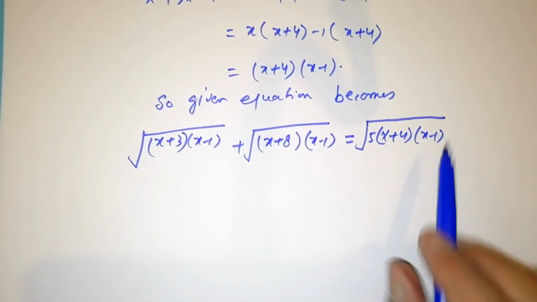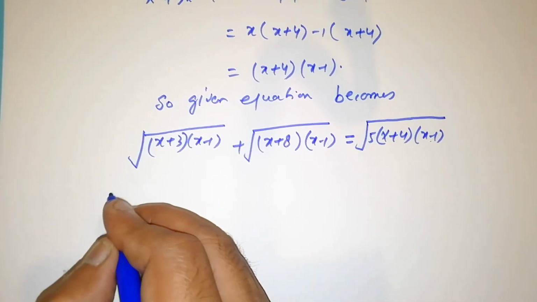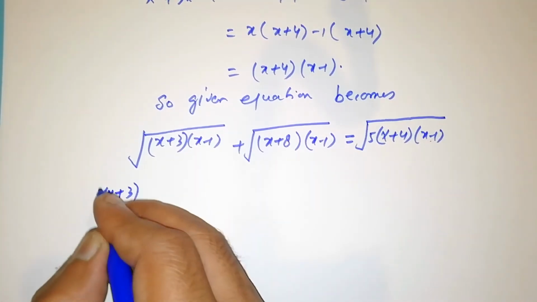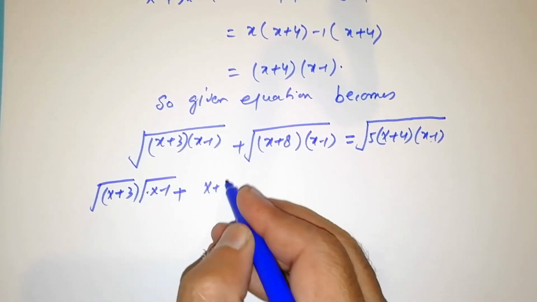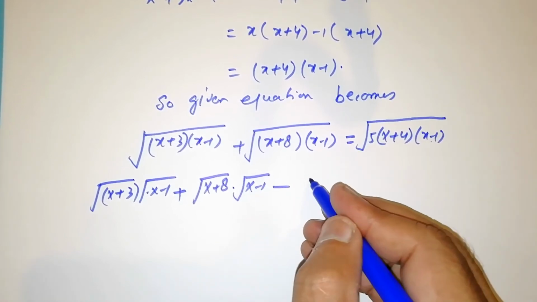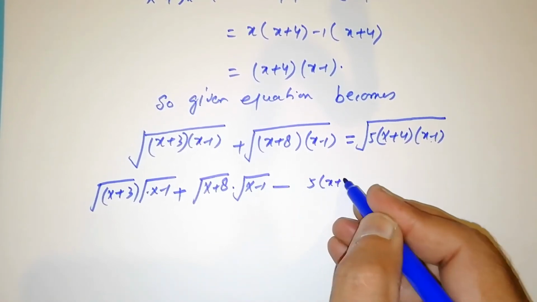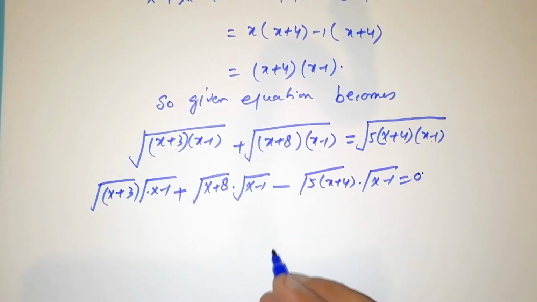So students, see here (x − 1) is a common factor. Therefore (x + 3)(x − 1) + (x + 8)(x − 1), bring the right side to the left: 5(x + 4)(x − 1) = 0.